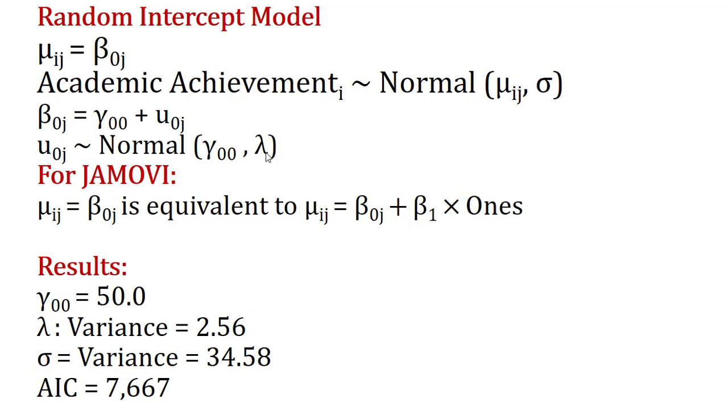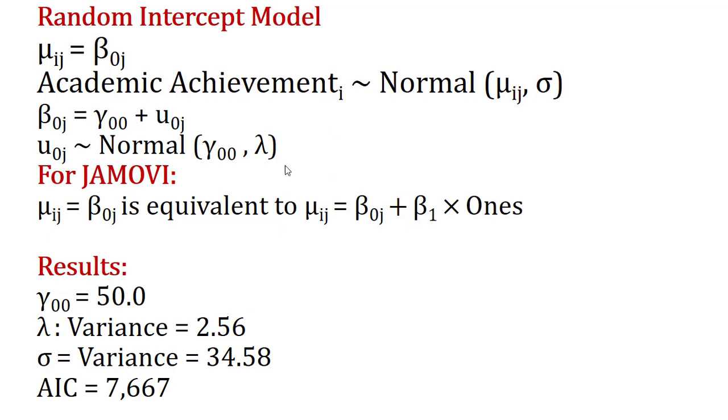So basically, the rationale of this model is that we've got one intercept for the whole sample, which is gamma 00.